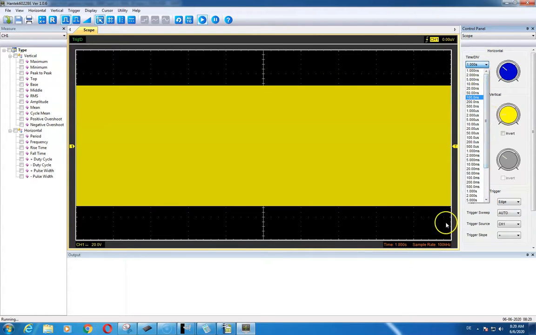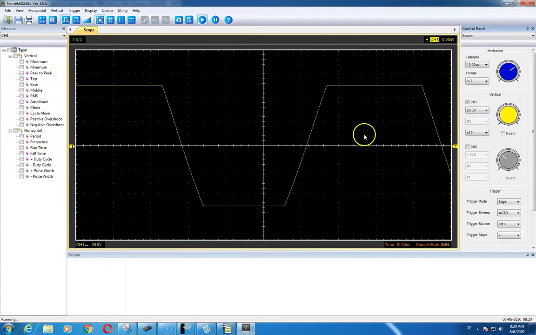So this is your time base. This is the same thing that I showed you, for example, on the actual oscilloscope. So I set this to, for example, something about 10 microseconds, this should show us something, hopefully. And then I have to make some changes, this is times 1, for example, 10 volts, 5 volts.